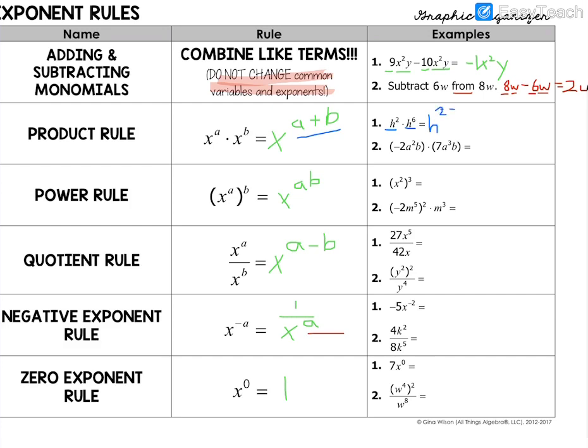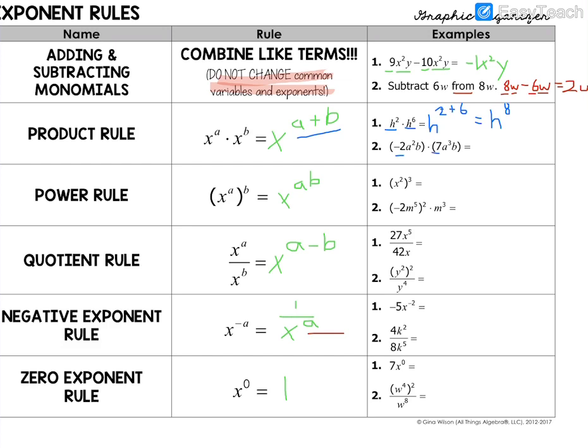So we're going to do 2 plus 6 in those exponents. So that would be h to the 8th power. So if you need more information on that, go back in our Google Classroom, look back at the previous lessons on these product rules.